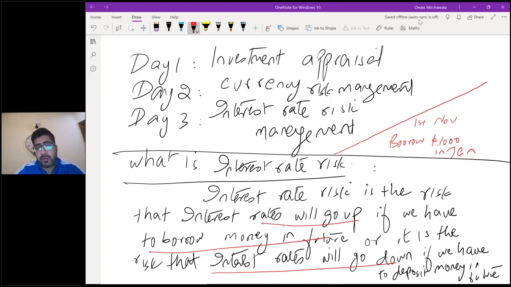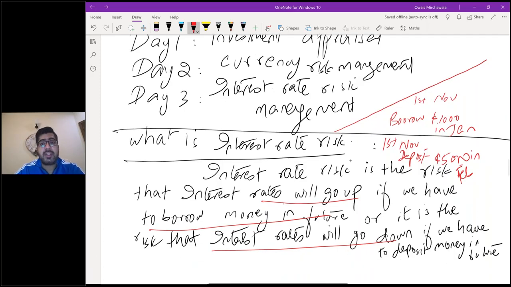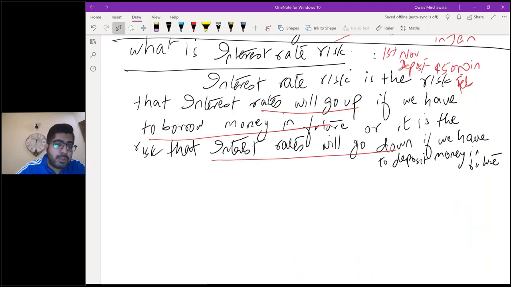Similarly, let's suppose today is 1st November and you plan to deposit $5,000 in February. There's always a risk or fear in mind that interest rates may fall, deposit rates may fall. That is what interest rate risk is. So interest rate risk is the risk that interest rates go up if you have to borrow, or interest rates go down if you have to deposit.